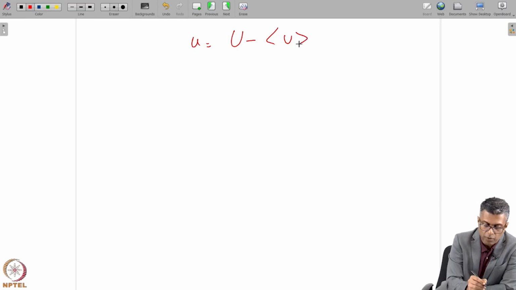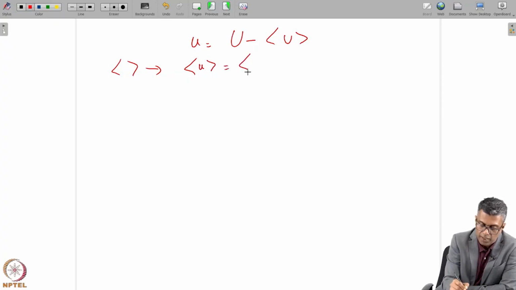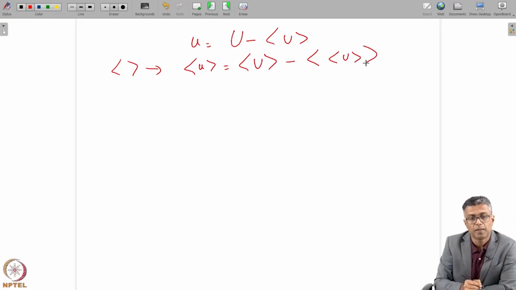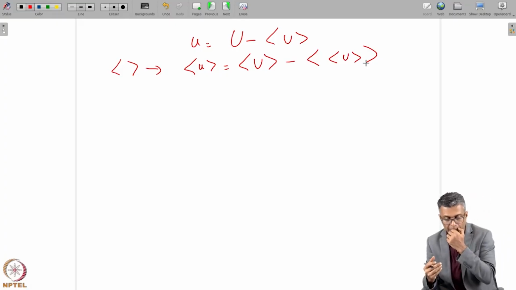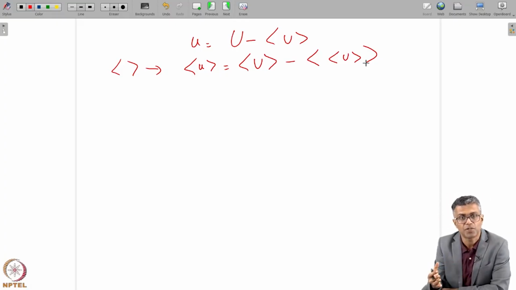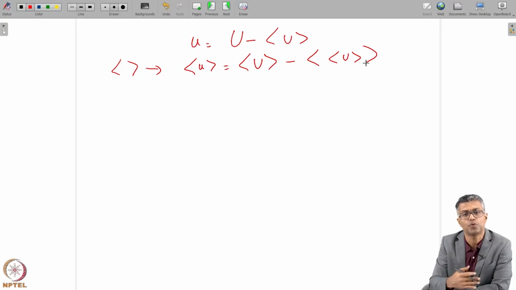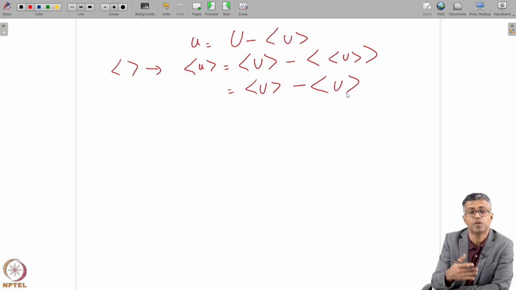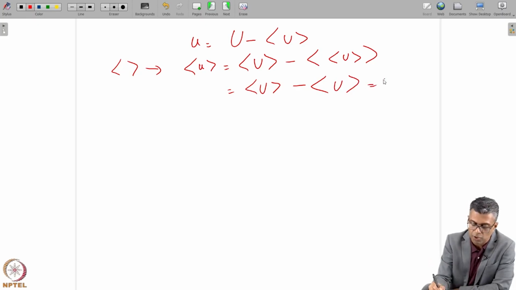Now I take the average on both sides. What I get is the average of the fluctuation of u is the average of u minus the average of u. If you take an average of the mean of u, you get the same thing. It doesn't change. So on the right hand side I have the average of u minus the average of u, so this becomes equal to 0.